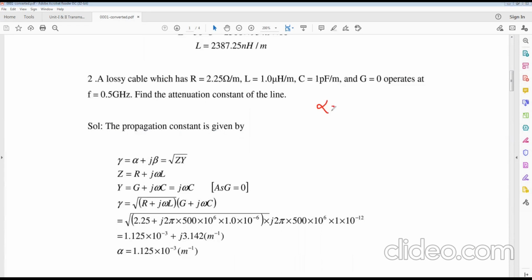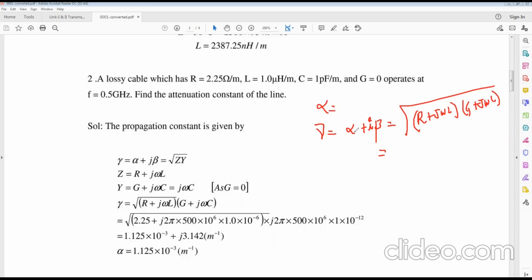Alpha is equal to... we have the R, L, C, and G, meaning from the gamma you can find the alpha plus j beta, that is equal to the under root of (R plus j omega L) and (G plus j omega C), to get the alpha from here.